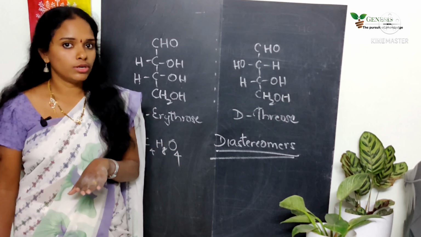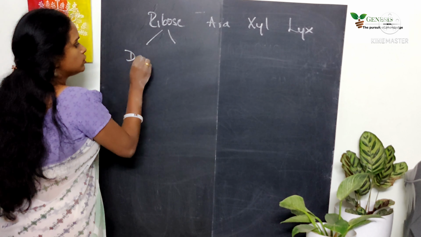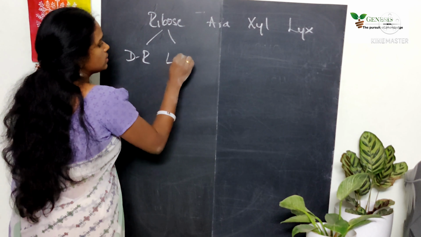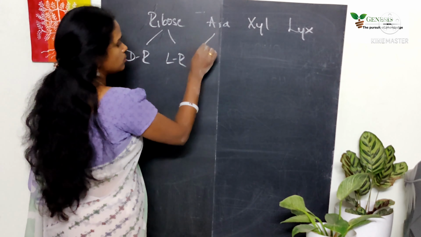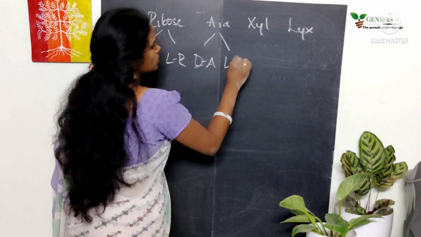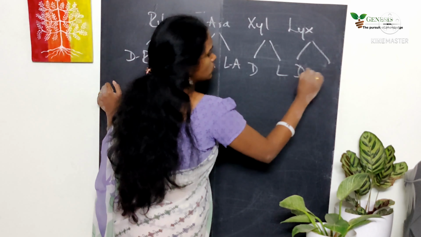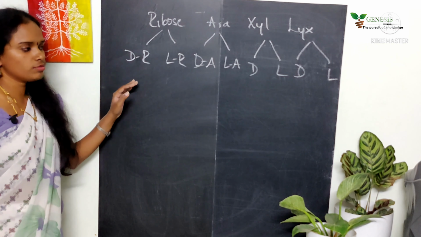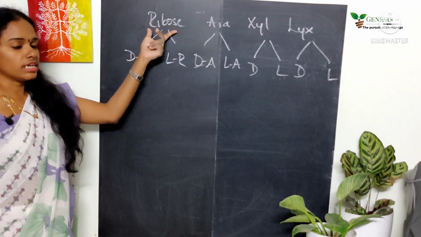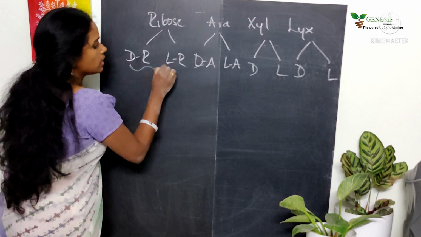If we take the case of aldopentoses, for example ribose, it has 2 isomers which are mirror images, D-ribose and L-ribose. Arabinose, D-arabinose, L-arabinose. Xylose, D form, L form. Lyxose, D form, L form. All of these will have isomers. So for ribose, the D and L forms are enantiomers.